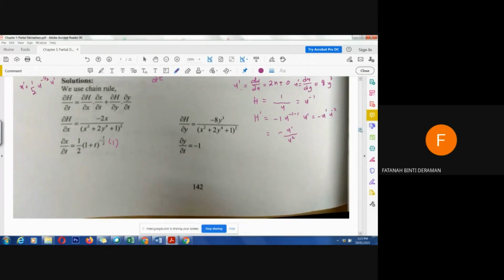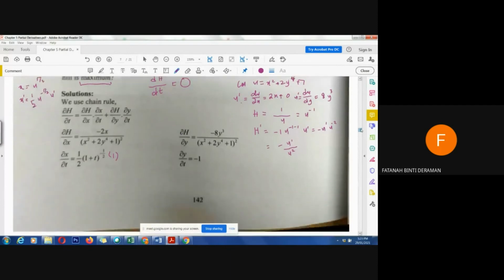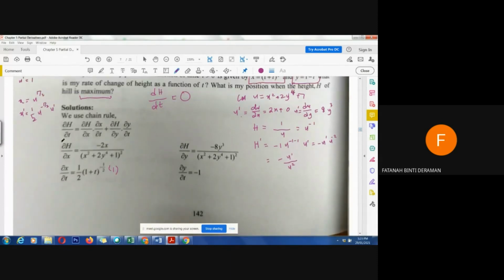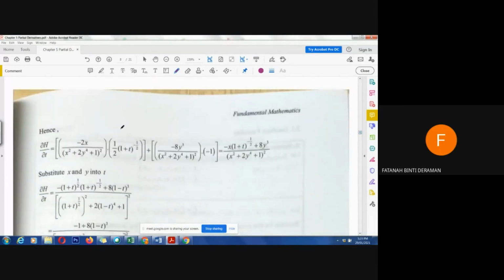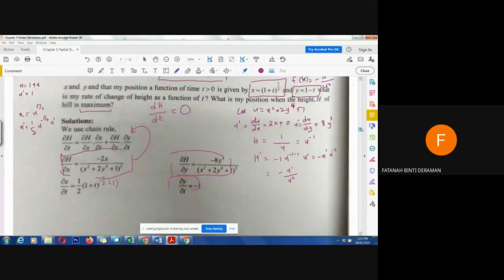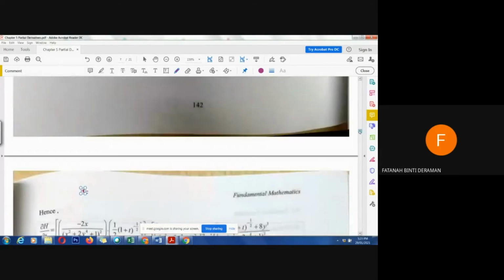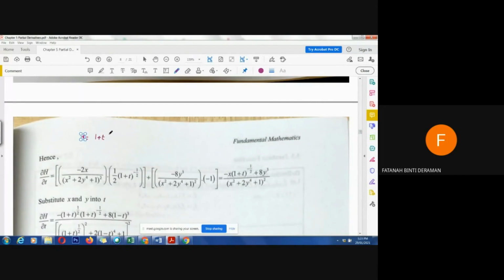Now dH/dt equals this. We put everything, this function and this function, into this equation. Here we have t, so this function should only have t terms. So x equals (1 plus t) to the 1/2, and y equals 1 minus t.